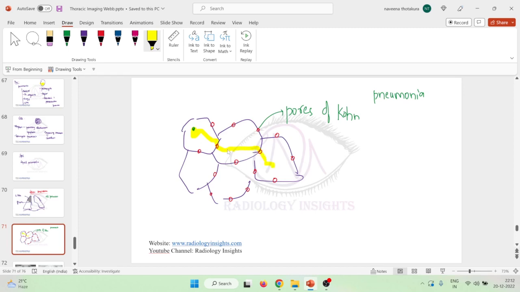And from there it reaches all the alveoli until the fissure is reached. So this will result in involvement of the complete lobe of the lung, which is called lobar pneumonia.